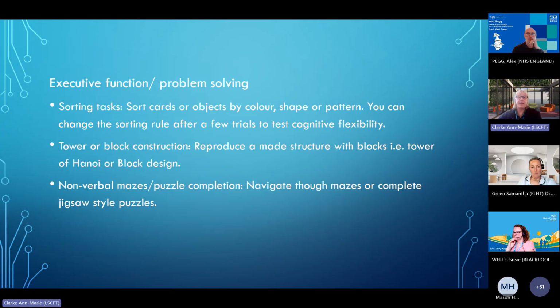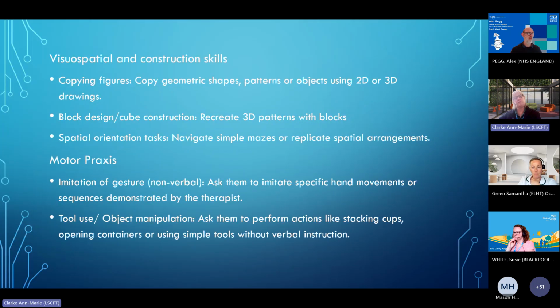And then the non-verbal mazes and puzzle completion, so navigating through mazes or completing jigsaw-style puzzles. For your visual, spatial and construction skills, copying figures, geometric shape patterns, objects of 2D or 3D drawings, again, your block design and those spatial orientation tasks. If you've got access to the Brainwave art books, there's quite a few things in the visual processing section of that book for those.